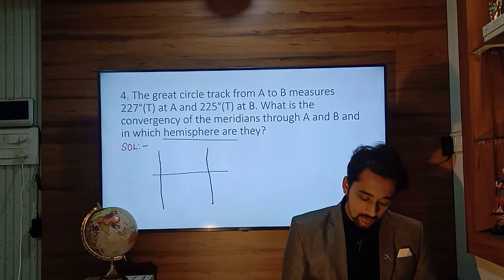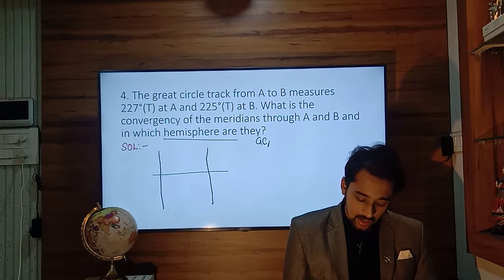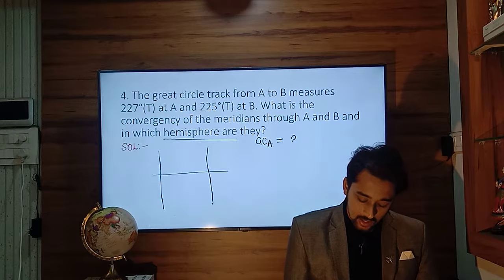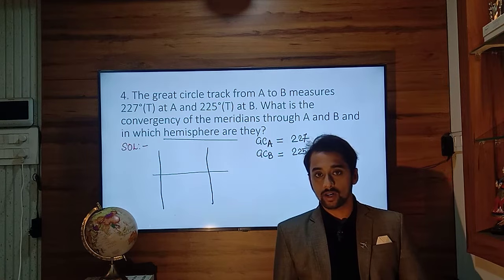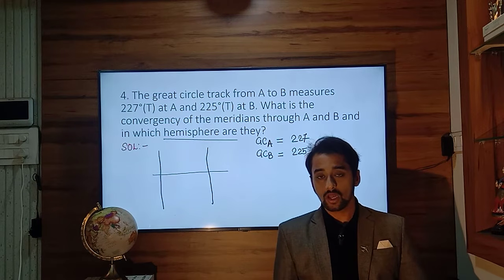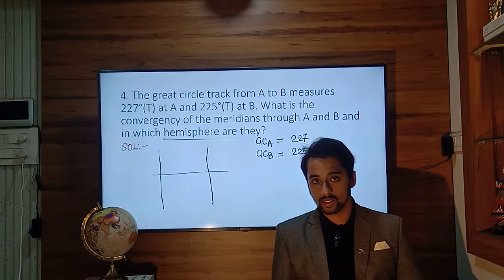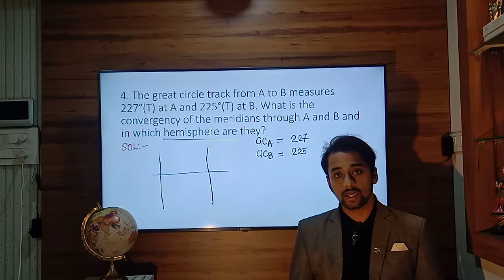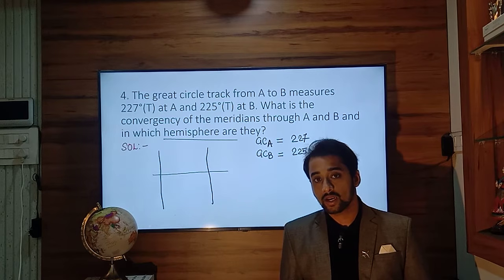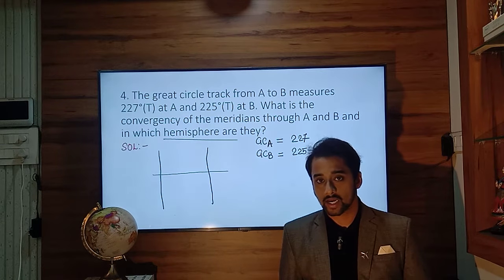Here we have been given great circle at A equals 227 and great circle at B equals 225. The definition of convergency is the angle between two meridians, right? And the second definition of convergency is the difference between two great circle tracks.